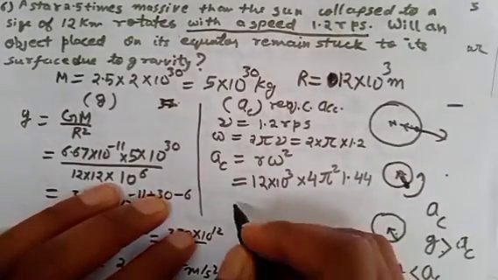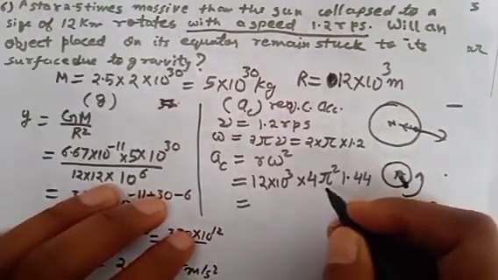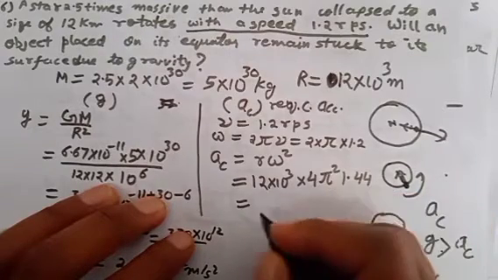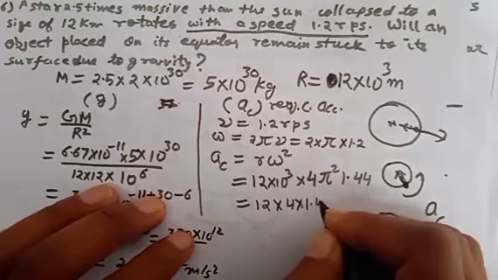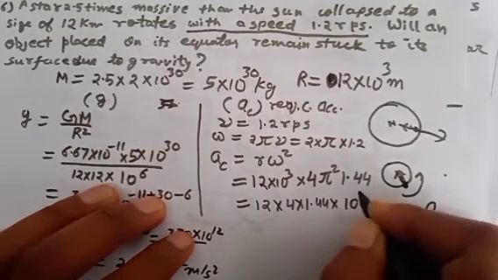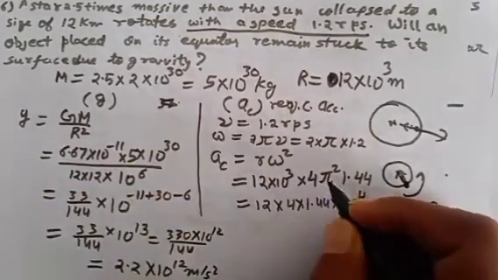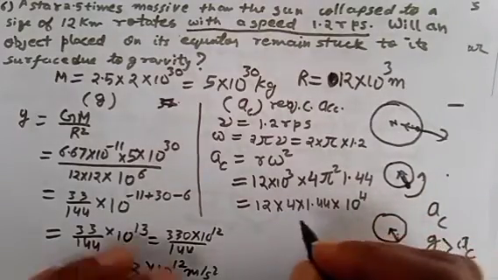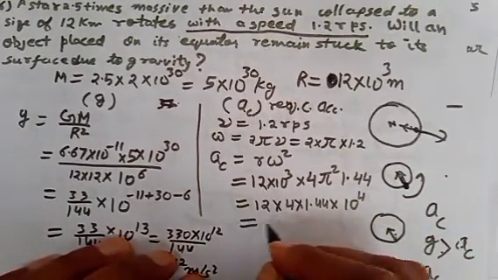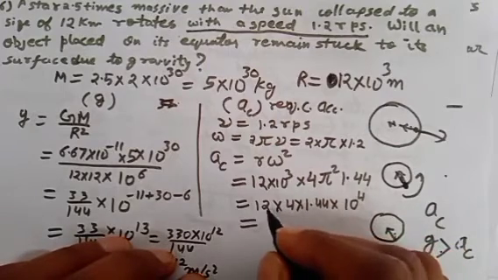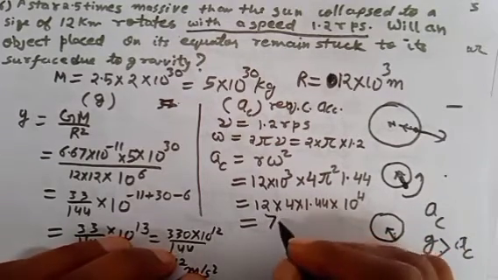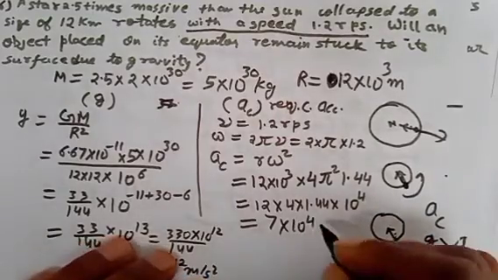It will look like this. And see, once again another approximation, pi square is close to 10, so we can write it 12 into 4 into 1.44 into 10 to the power 4, 3 power here and 1 power here. So we will multiply it. So how much is it? It is close to 1.5. 1.5 4s are 6, and 12 6s are 72, approximately 7 into 10 to the power 4. So it is much smaller.